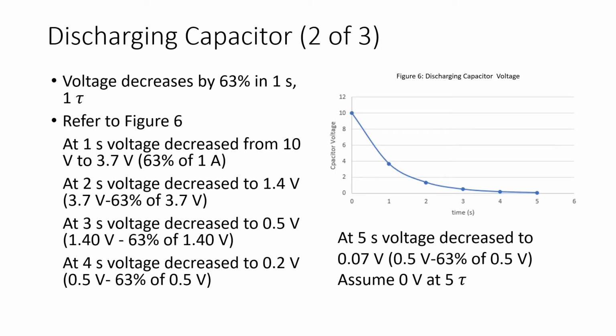Now, figure 6 provides us with a plot of the capacitor voltage as a function of time. Again, for the circuit of figure 5, the time constant is 1 second. The charge on the capacitor and the voltage across the capacitor will decrease by 63% in 1 second.